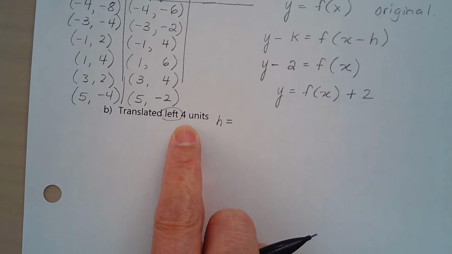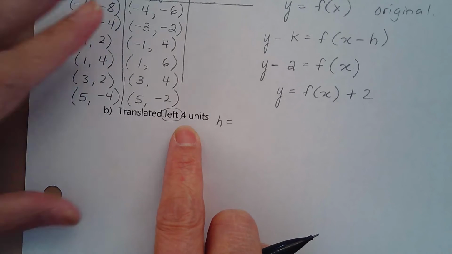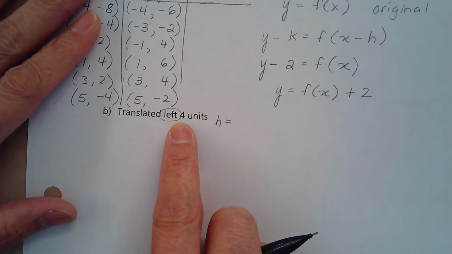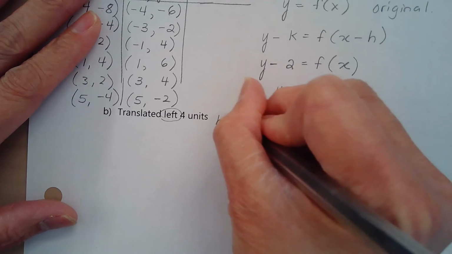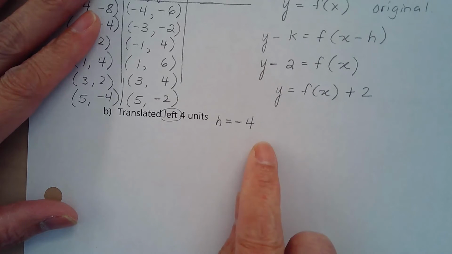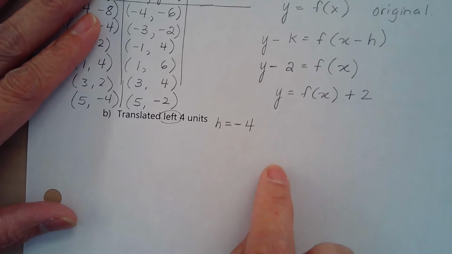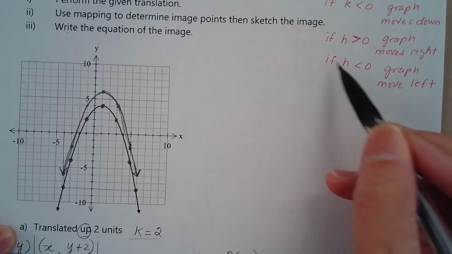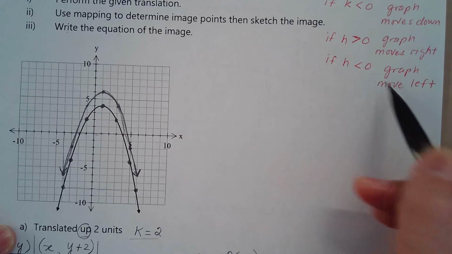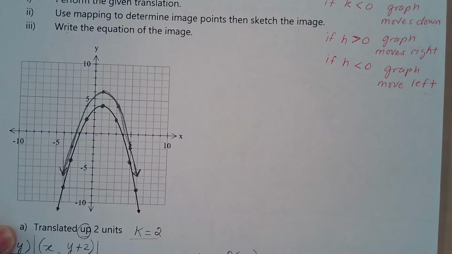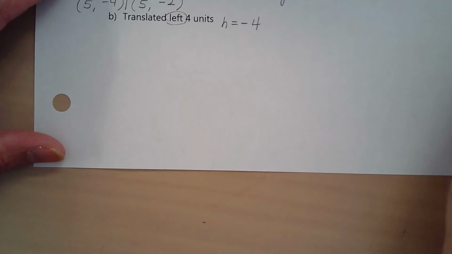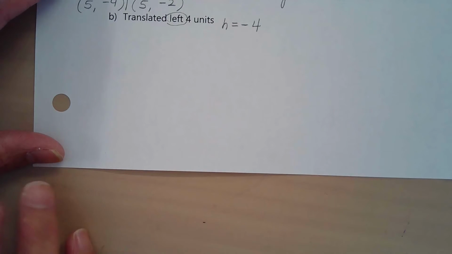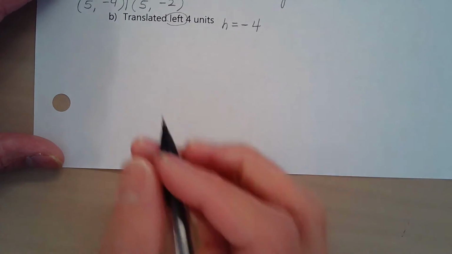Is it positive 4 or negative 4? Left means negative. Left is negative. It says over here, if h is less than 0, it's going to move to the left. So it has to be left 4. I'll explain that in a second. You'll see why.